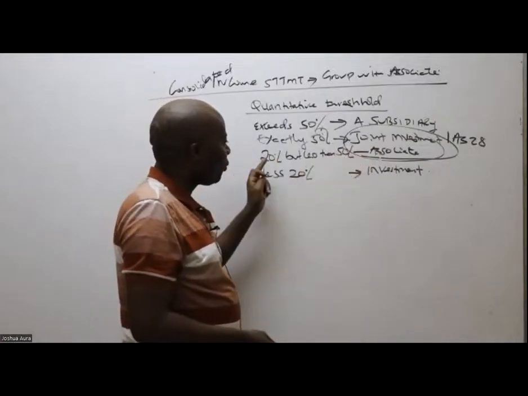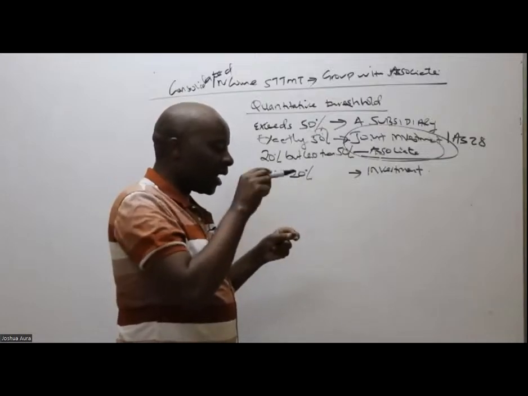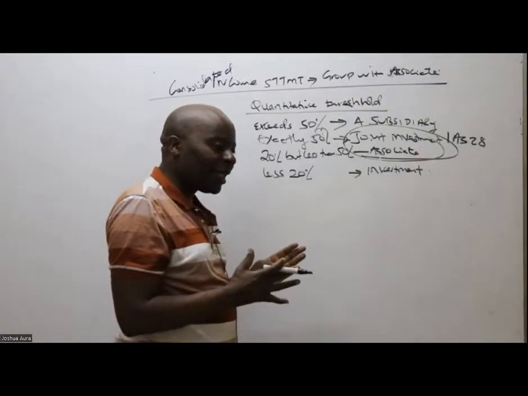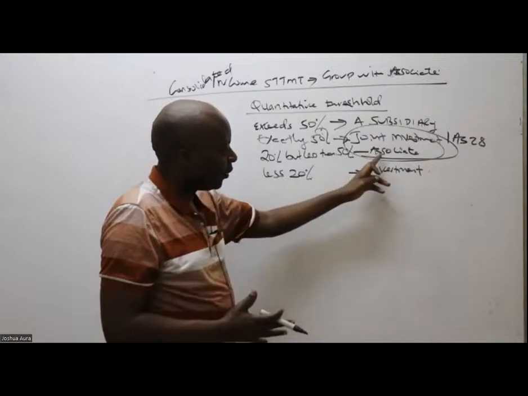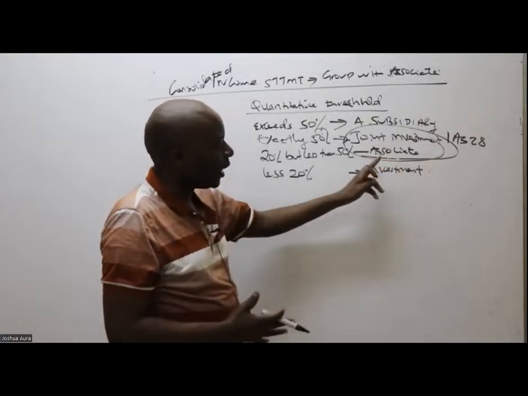And then whenever we have 20% but less than 50% investment in a company, between 20 and 50%, that means significant influence. Significant influence will, of course, end up at an associate level.